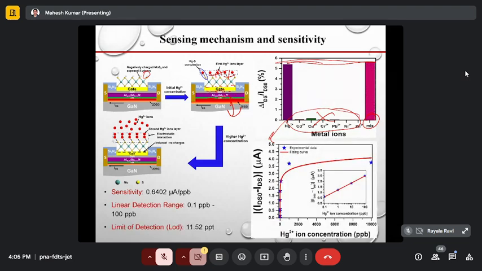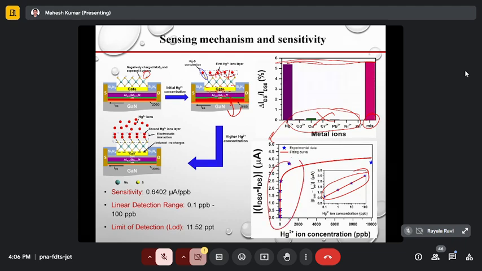We have measured the sensitivity and detection region, and generally we measure from 1 ppb to 100 ppb, and from 0.1 ppb to 100 ppb we are getting a linear transfer function. The transfer function is the relation between input and output quantity, and if your transfer function is linear, then easily we can take 2 points and get the slope.